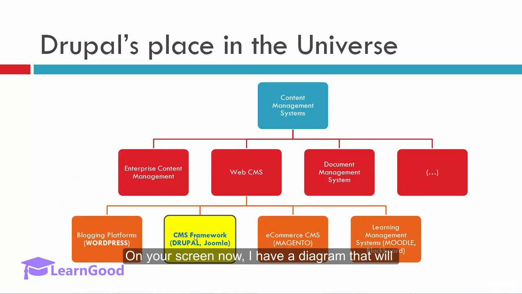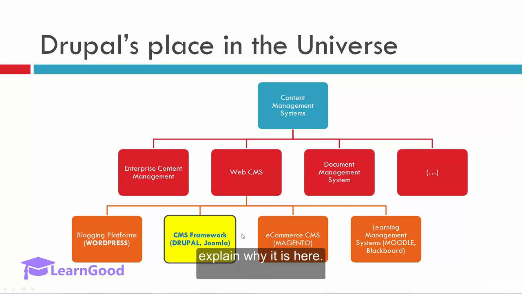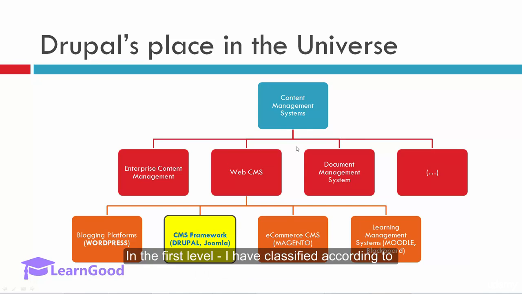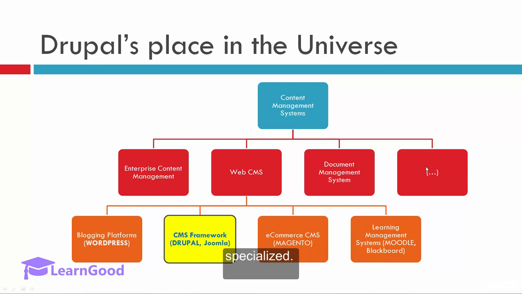On your screen now, I have a diagram here that will help you locate Drupal in the CMS world. You can see Drupal here in the yellow box, and I will explain why it is here. In the first level, I have classified according to functionality. So you can see enterprise CMS, web CMS, document management systems, and there are several others which are highly specialized.